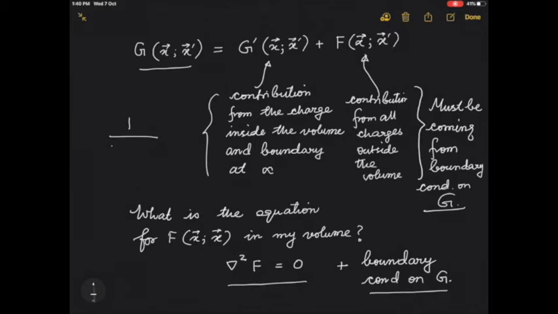Now you see G prime we have already gotten, and you'll see how we get it even if we don't have the knowledge of a single point charge potential. How will you do that? So G prime we have already got, and F, if we can solve given a boundary condition on G, it's solving the Laplace equation instead of the Poisson equation, which is a homogeneous equation, easier to solve.